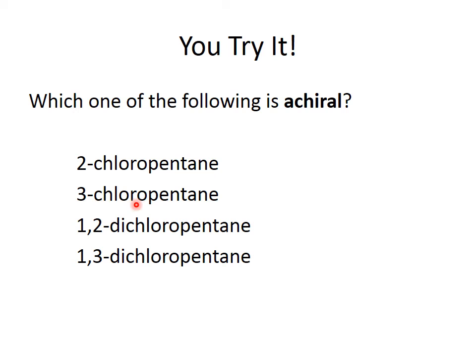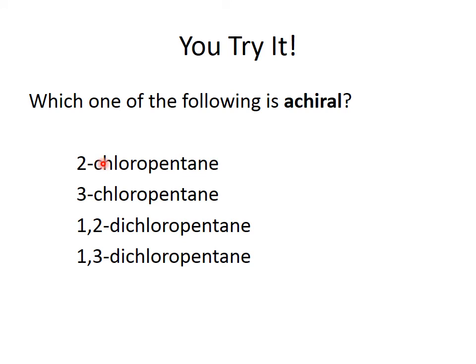On the number 3 carbon of pentane, you have a chloro group. On this pentane, on the 1 and 2 carbon, you have a chloro group. And on this compound, the 1 and 3 carbon have a chloro group. Go ahead and draw these out and see which one is achiral.